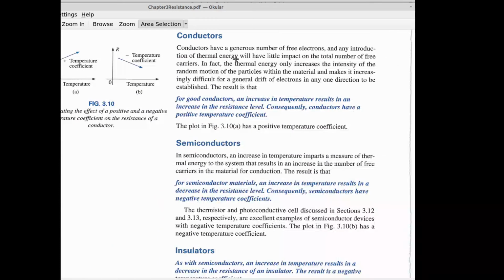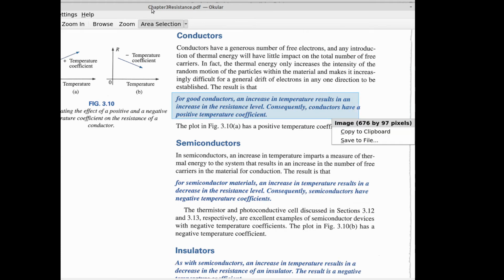All right, so if you look here, this is again right out of the book. For conductors, as you increase the temperature, the resistance will increase. Okay, so this is saying that it has a positive temperature coefficient, so that as it gets hotter, you get more resistance.